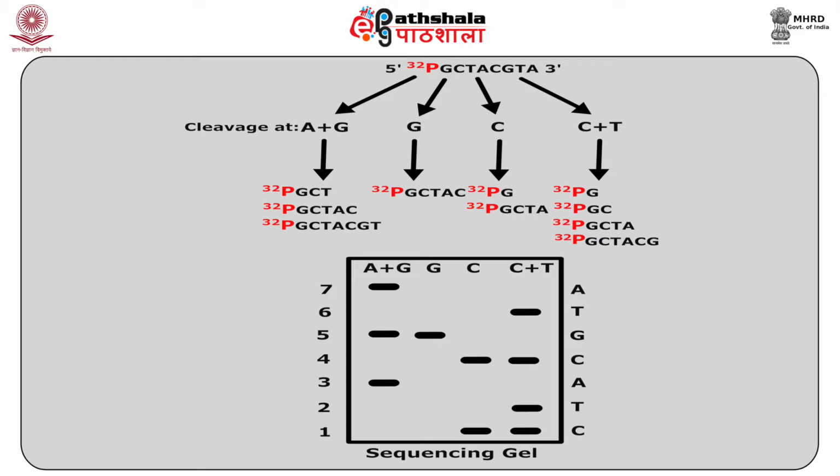The fragments of the four reactions are arranged side by side in gel electrophoresis for size separation. To visualize the fragments, the gel is exposed to X-ray film for autoradiography, yielding a series of dark bands, each corresponding to a radiolabeled DNA fragment from which the sequence may be inferred.